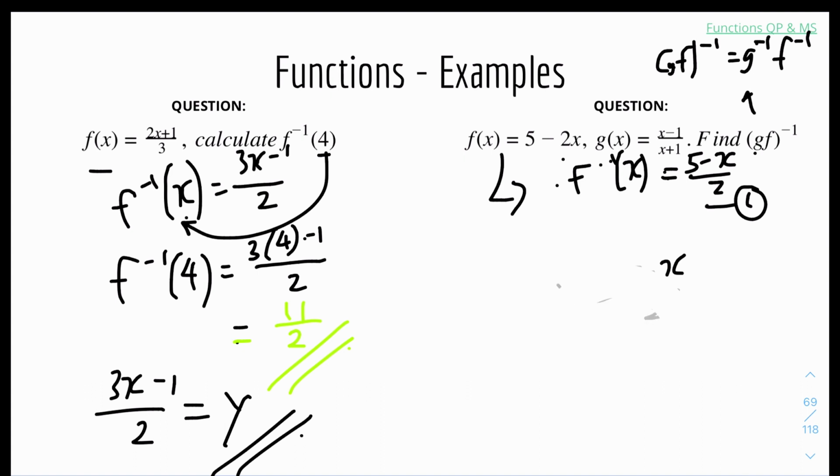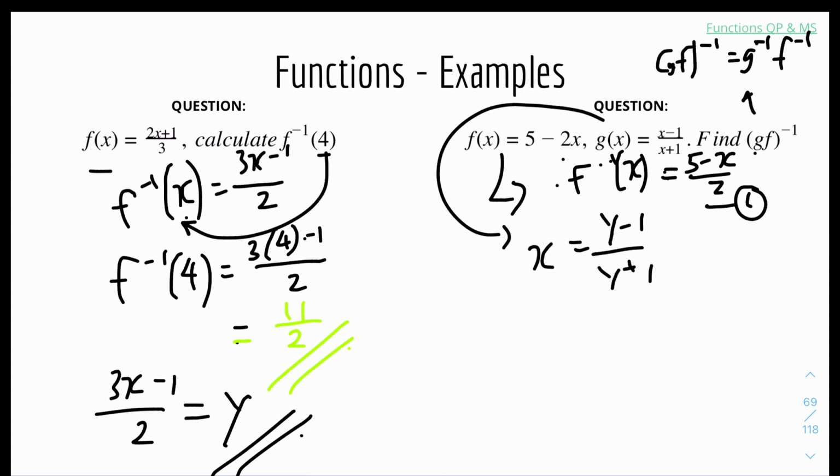And number 2, find the inverse of g of x. So it will be x equals (y minus 1) over (y plus 1). Just times everything by y plus 1, it will be xy plus x equals y minus 1. Minus both sides by y and plus both sides by x. Or actually you can minus both sides by xy and plus both sides by 1, like this: x plus 1 equals y minus xy.